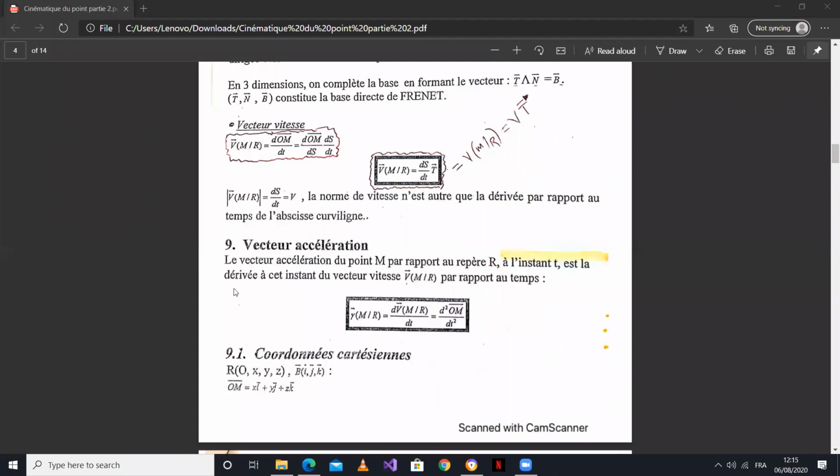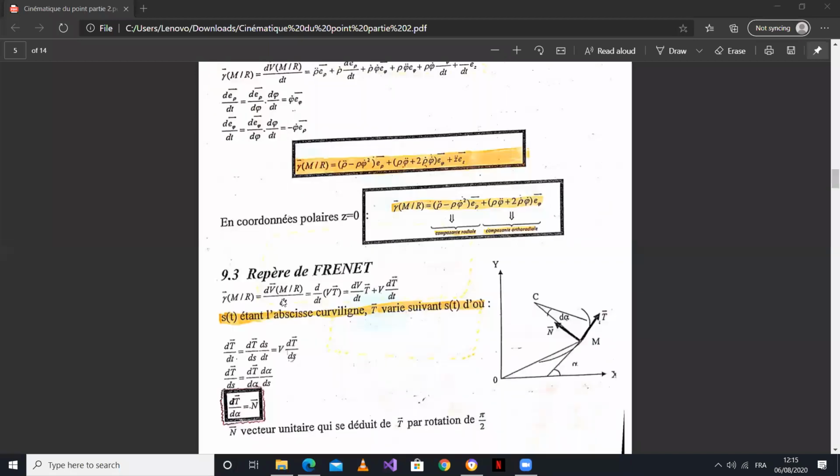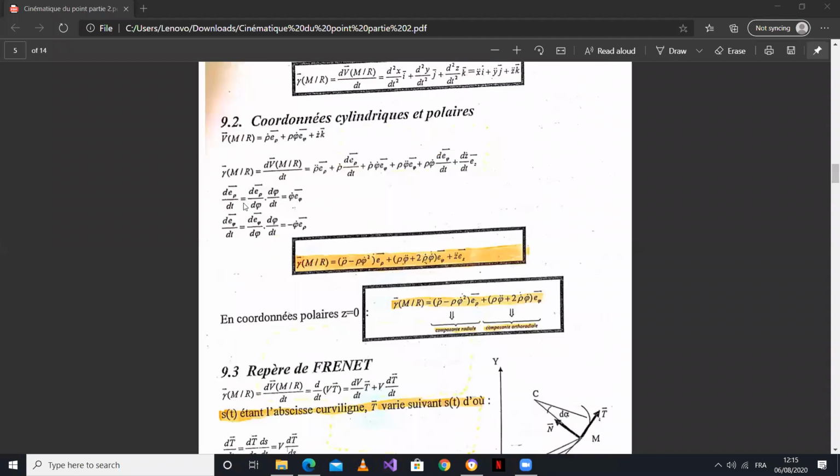We have gamma du point M par rapport au référentiel R égale dv/dt, the derivative of the velocity of the point M relative to the frame R. We found this yesterday: ds/dt is equal to v, the magnitude or the module of the velocity vector.